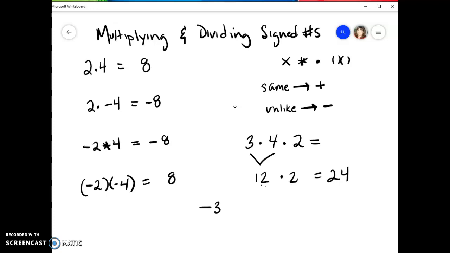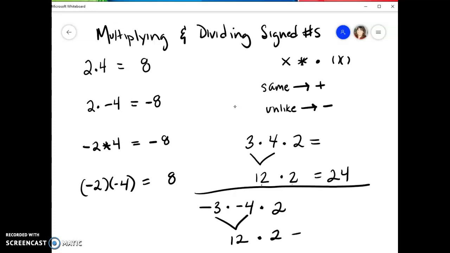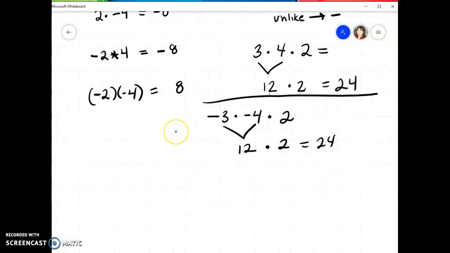So now when I put some negative signs in there, multiply these two together, like signs, positive result. Multiply this, 24. Now sometimes what you'll see is where you have the same number multiplied by itself, or 3 negative signs in a row, maybe like this.